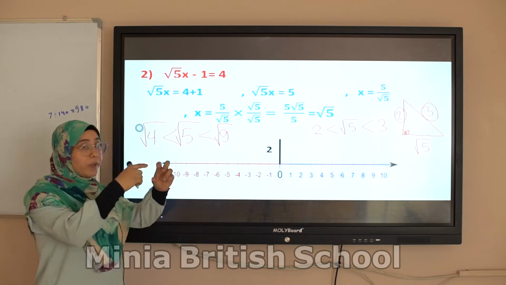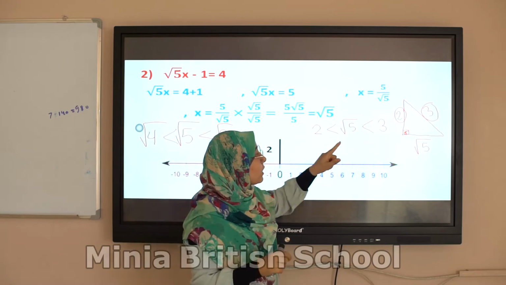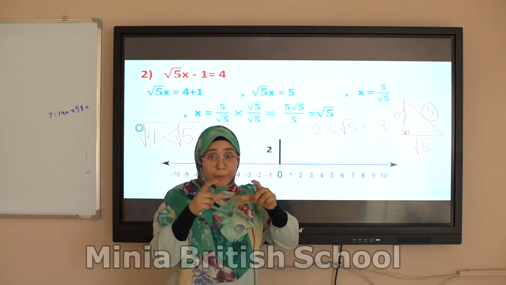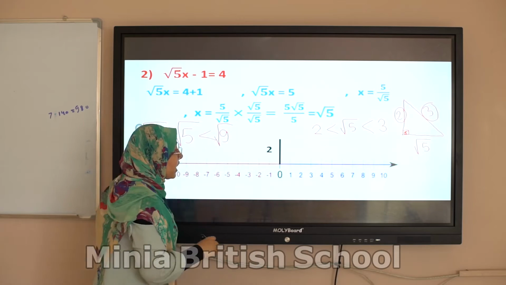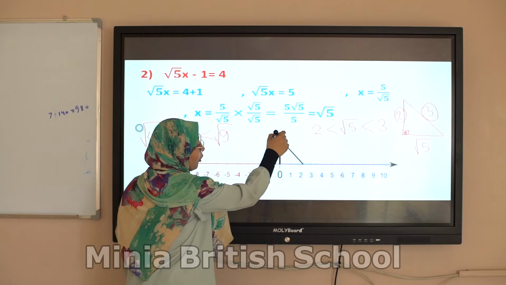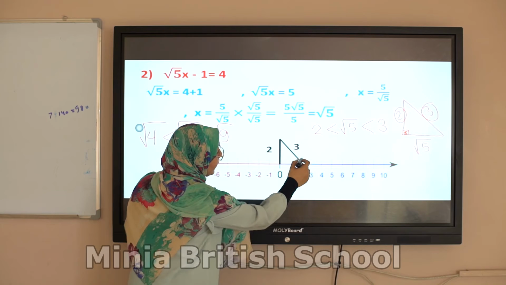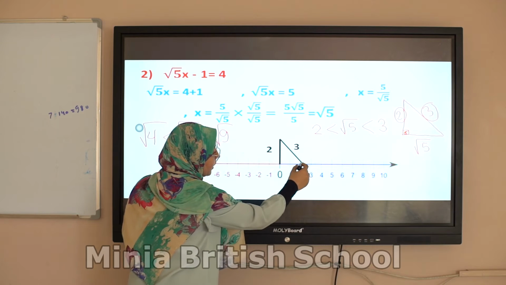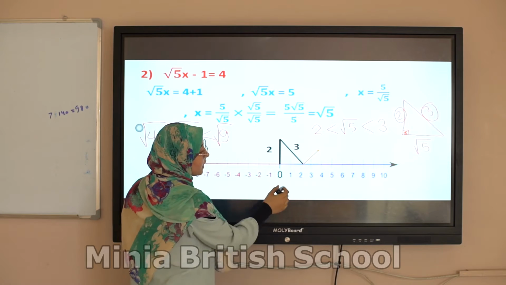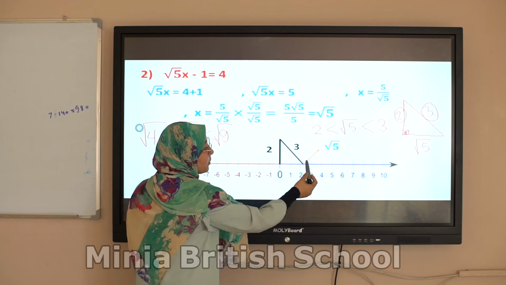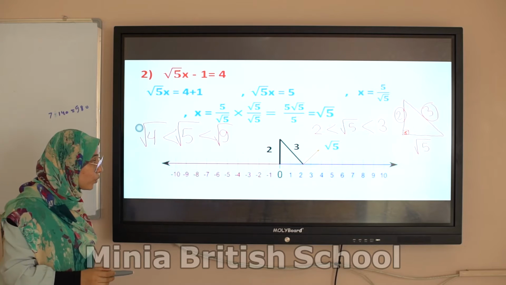Then open your compass to a radius of 3 centimeters. And from this point, draw an arc that intersects the number line, like this. So this point represents root 5, okay?